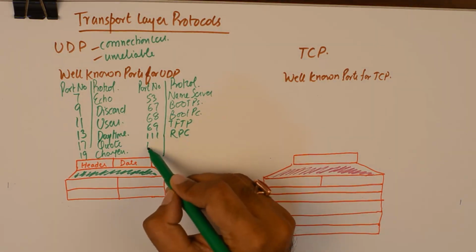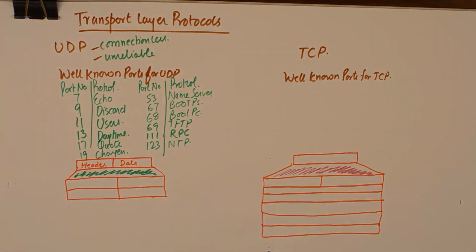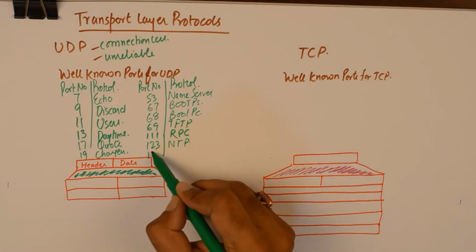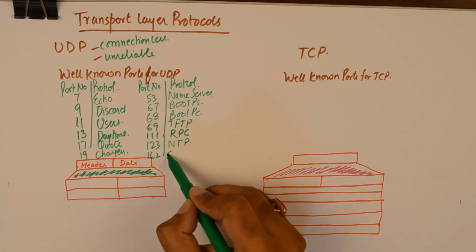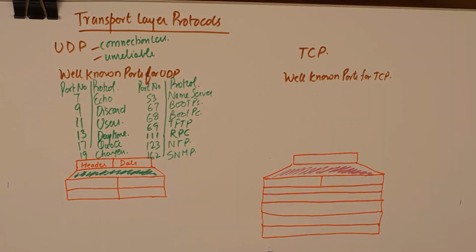Then we have 123 NTP, which is network time protocol, and finally 162 is SNMP, which is simple network management protocol. These are the few famous well-known ports for UDP. All these protocols will not bother about connection orientation and reliability.